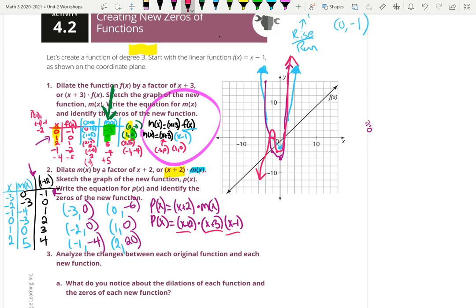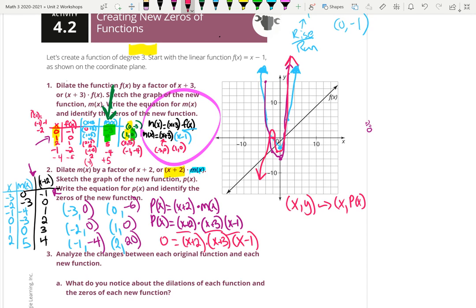The zeros are going to be when it's equal to 0. There are going to be 3 cases, 3 zeros. Remember, my answer is always going to be x comma y, which is the same as x comma p of x in this case.